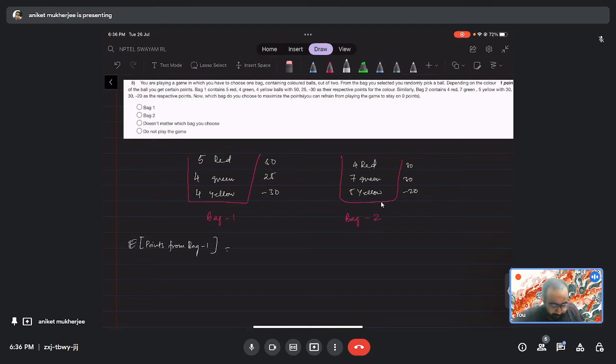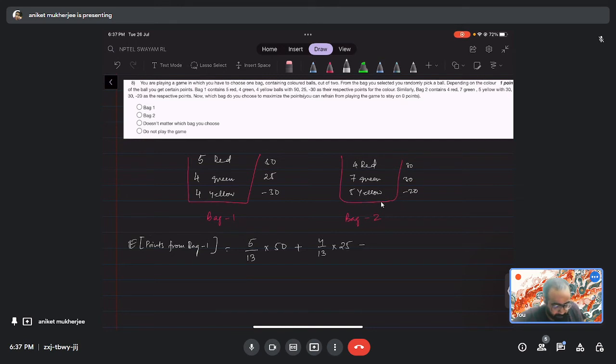You can pick red. There are 5 reds and the probability of picking a red is 5 by 13. If you pick a red, you get 50 points. So the contribution is the probability of picking red into the number of points, plus next you pick green with probability 4 by 13 and you get 25 points.